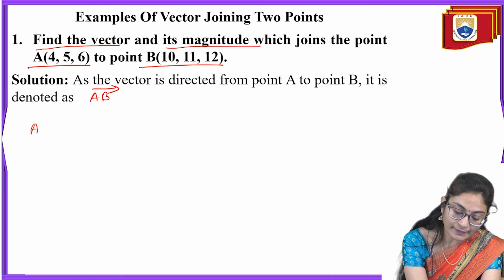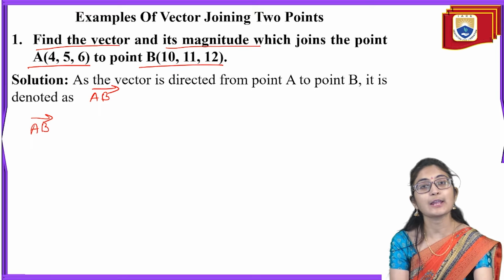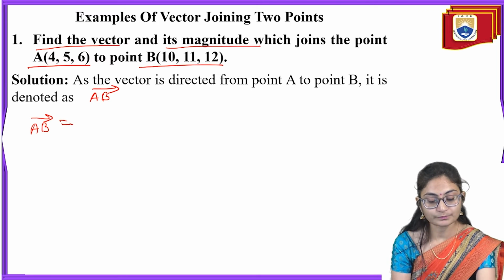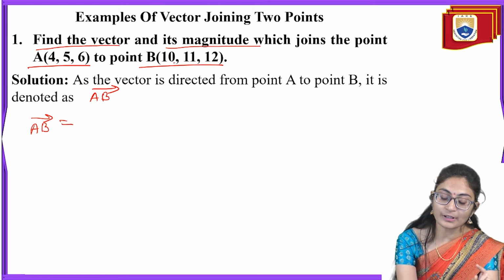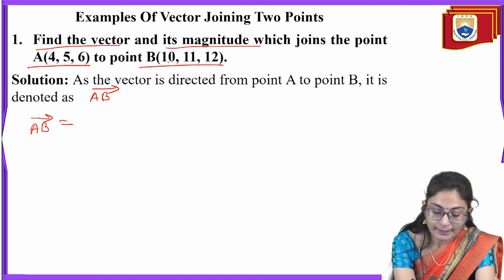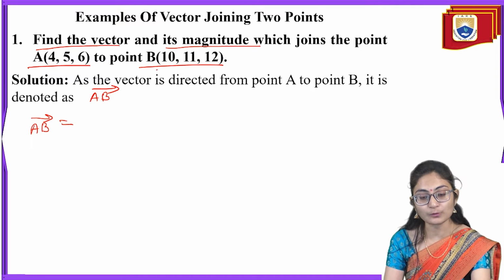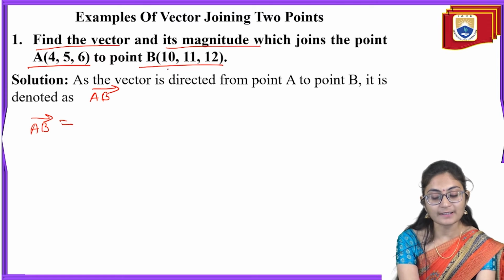For finding the vector, we write AB vector is equal to, obviously, we have to subtract some values.